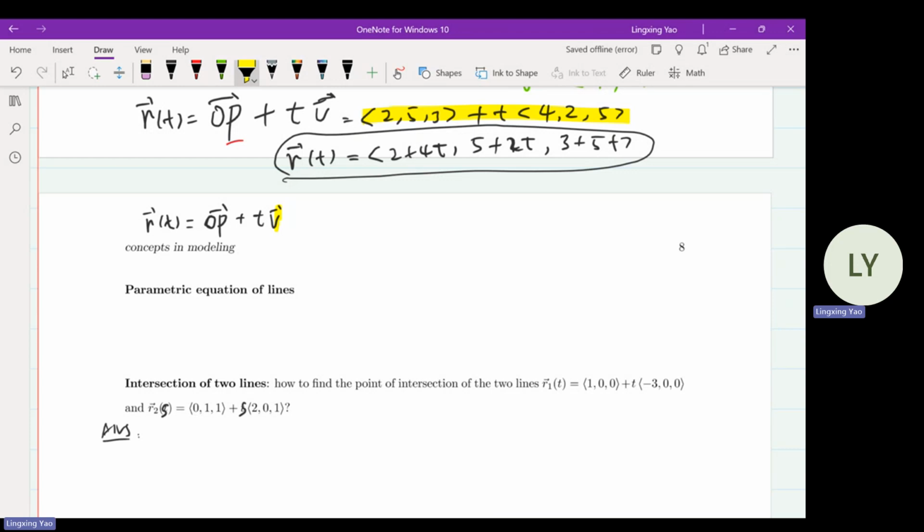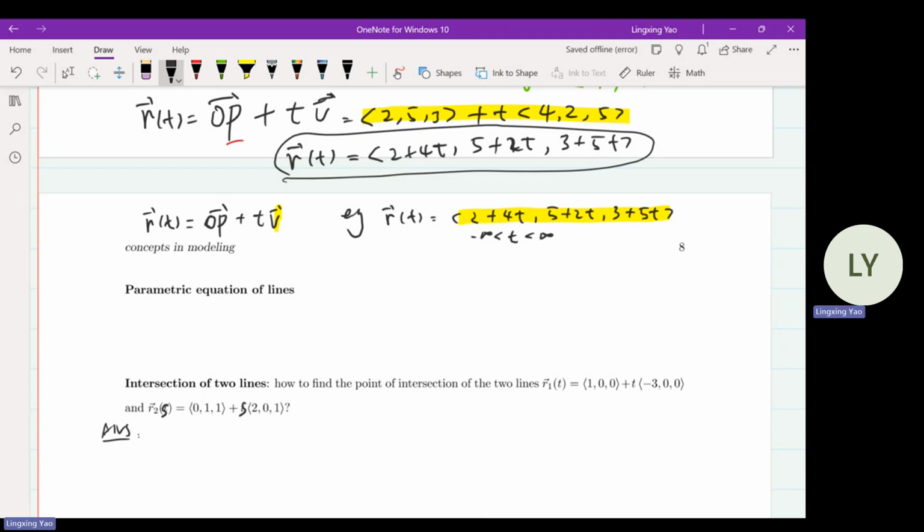Okay, so if we want to think about a specific example, just like the one that we just worked out in the last section, 2 plus 4t, 5 plus 2t, and 3 plus 5t. And how do we understand this formulation? I think that is critical because over here, we know that for each t value between negative infinity and positive infinity, we get 1 point.